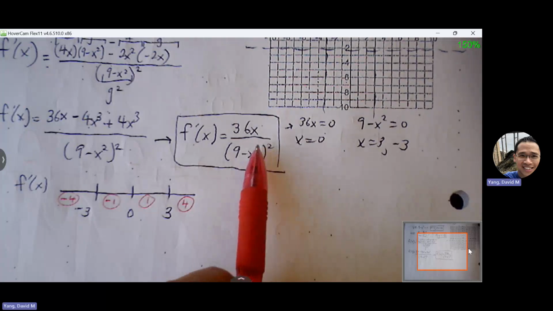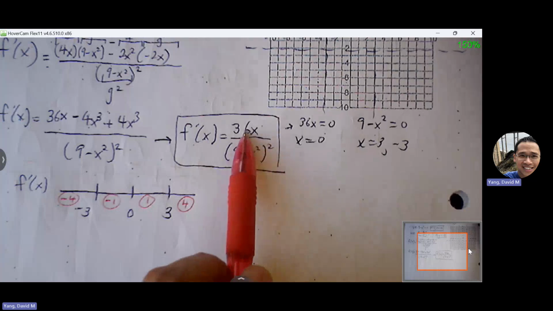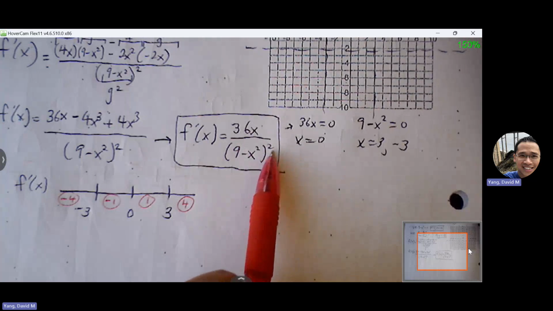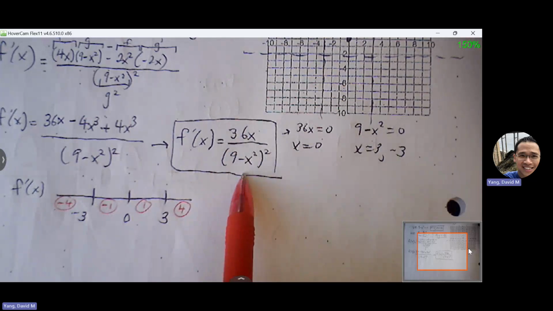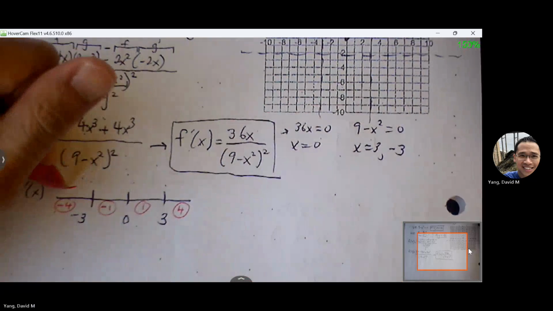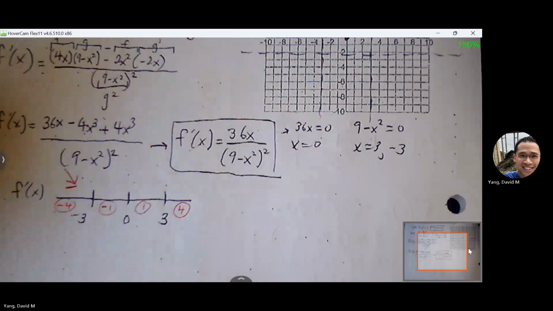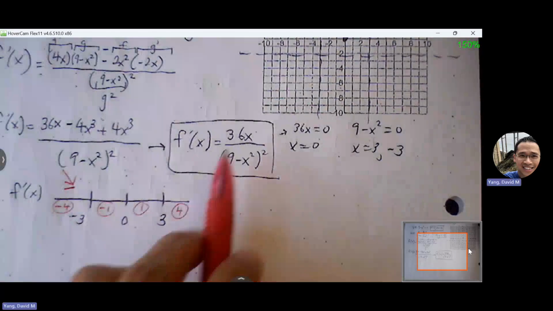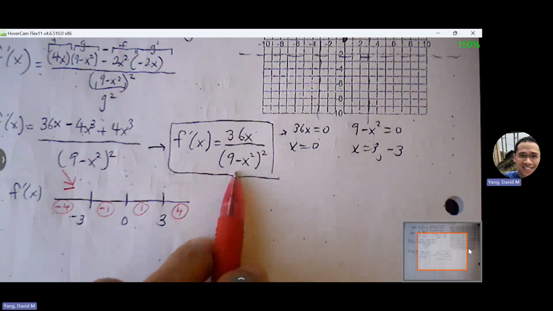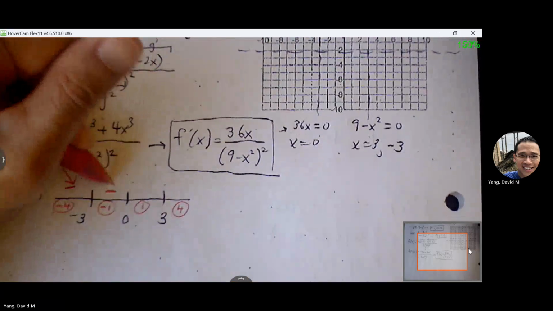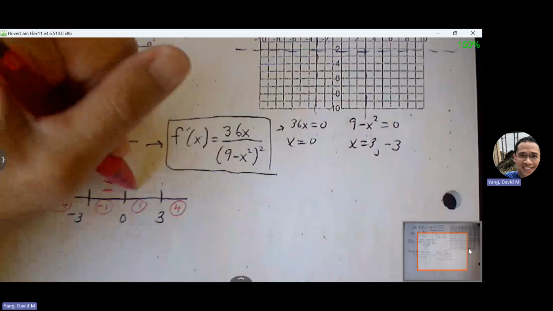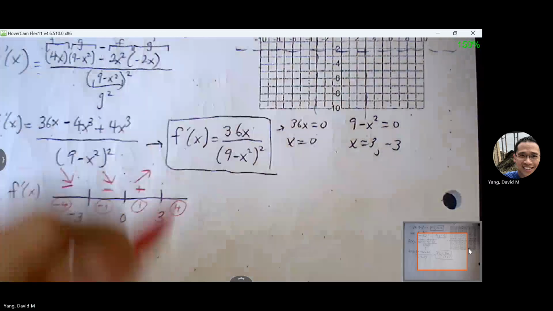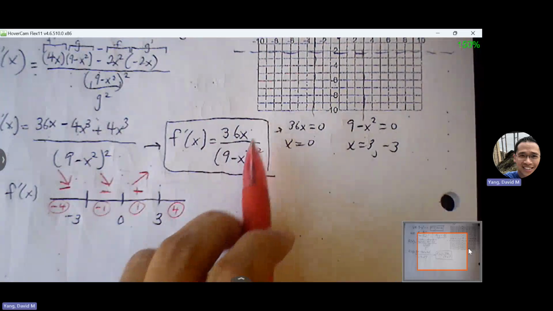You don't have to worry about the denominator. Whatever the sign of the numerator is will be the sign of your interval. So if I plug -4 in, negative over positive will be negative. Plug -1, negative over positive is still negative. Plug 1 in, positive over positive. Plug 4 in, positive over positive.